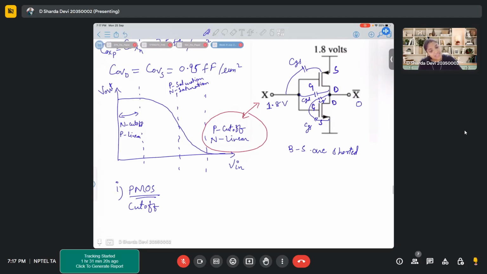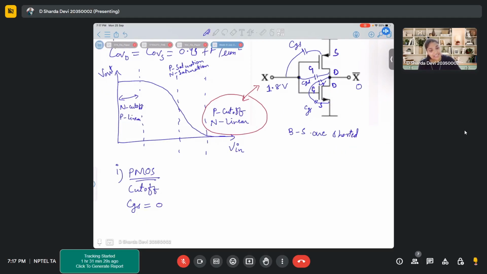But if we observe very carefully, your CGS is 0, because your gate and source are both at the same potential. The only capacitance that you will get over here is because of your overlap, C overlap.